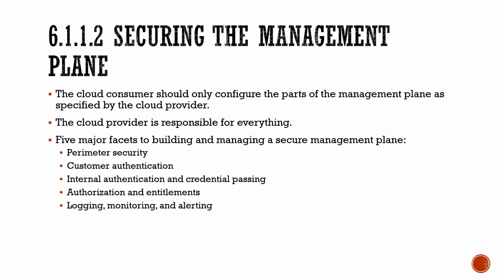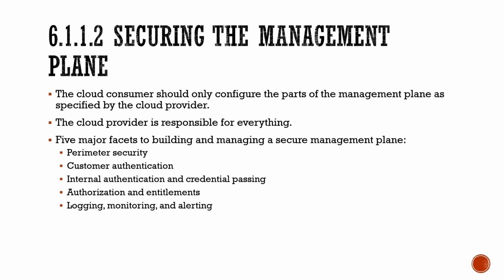The cloud consumer should only configure those parts of the management plane that have been specified by the provider. The provider is responsible for everything, and to secure a management plane, it typically will require these major facets: perimeter security, customer authentication, internal authentication, credential passing, authorization and entitlements, specifying permissions and things of that nature.